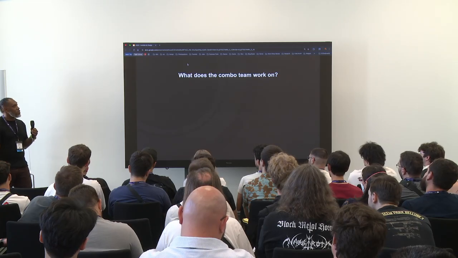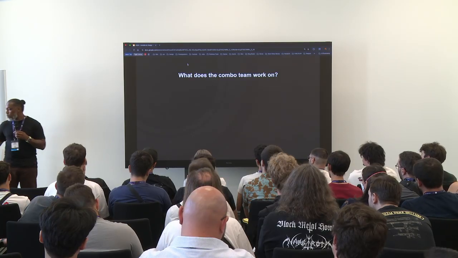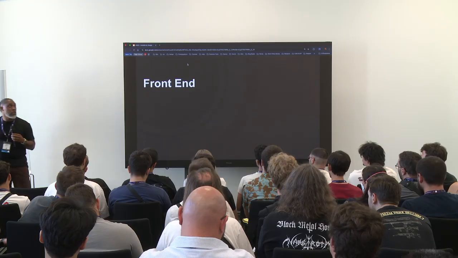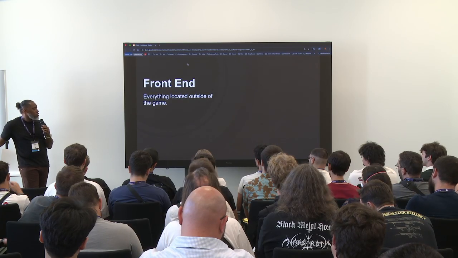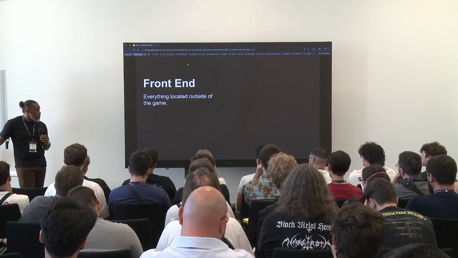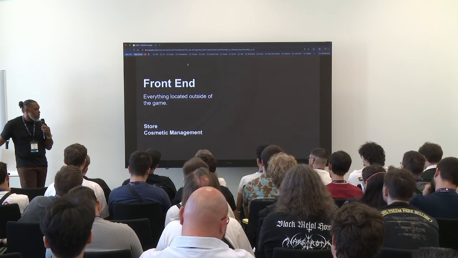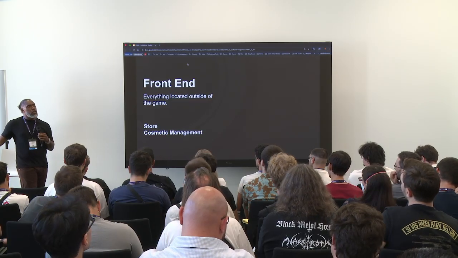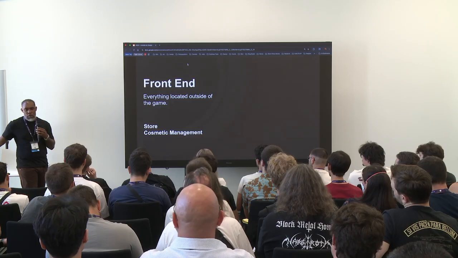But in some situations, there's a team. And in this case, those teams get to work on what's called the front end, which is everything located outside of the game. Some examples of that are the store and cosmetic management, which could be a locker or anything where you have cosmetics and you're managing all of your items.